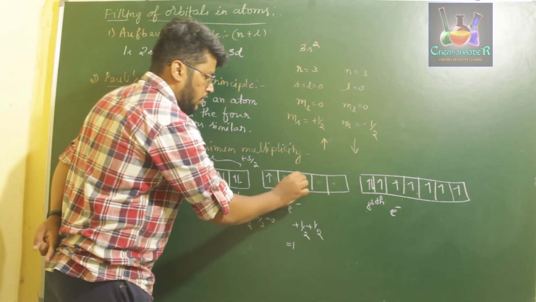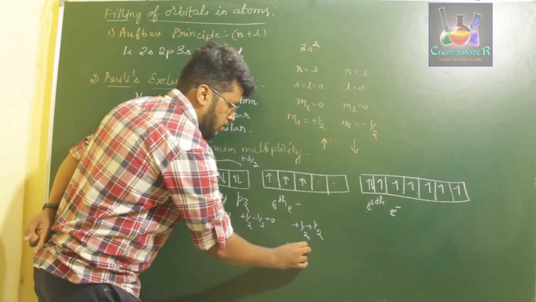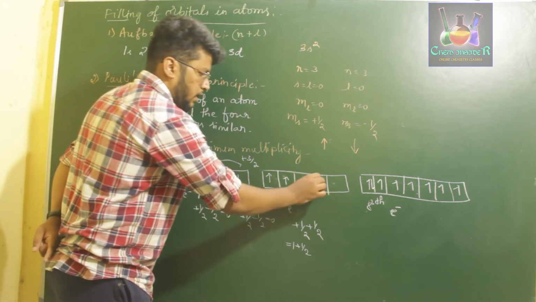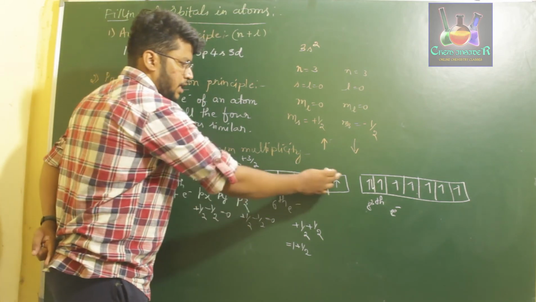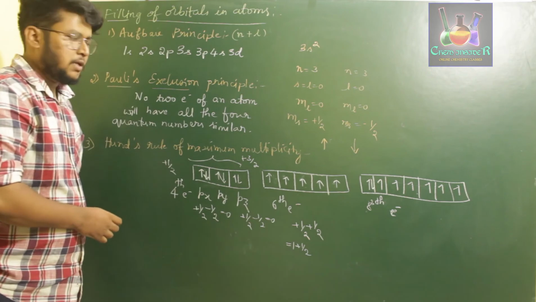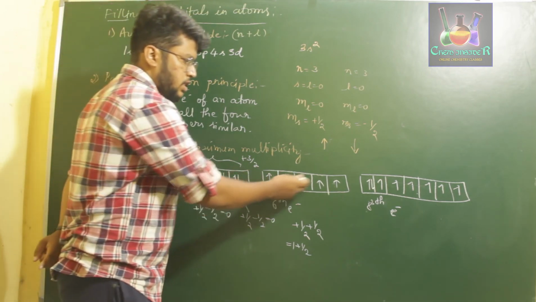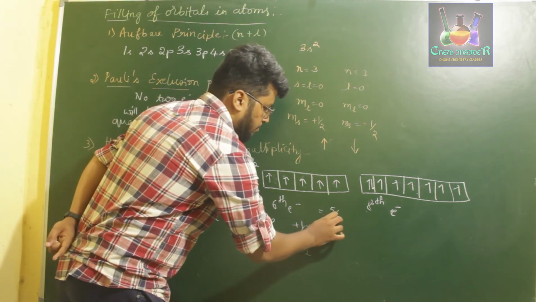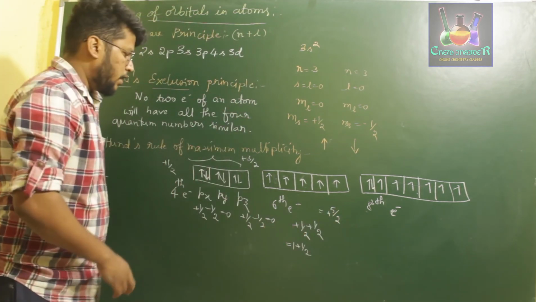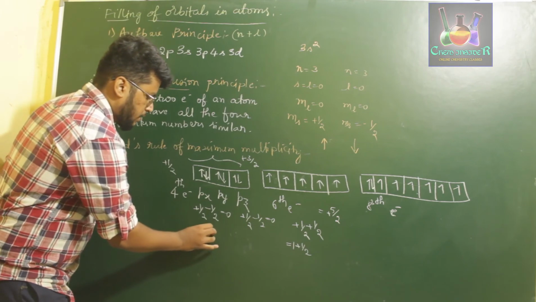If you add one more electron in the third orbital, the spin will increase by plus 1 by 2 again, and later by another plus 1 by 2 and plus 1 by 2. So the maximum spin value of the d orbital, with all orbitals singly filled, will be plus 5 by 2. Similarly, in the p case, it will be plus 3 by 2.